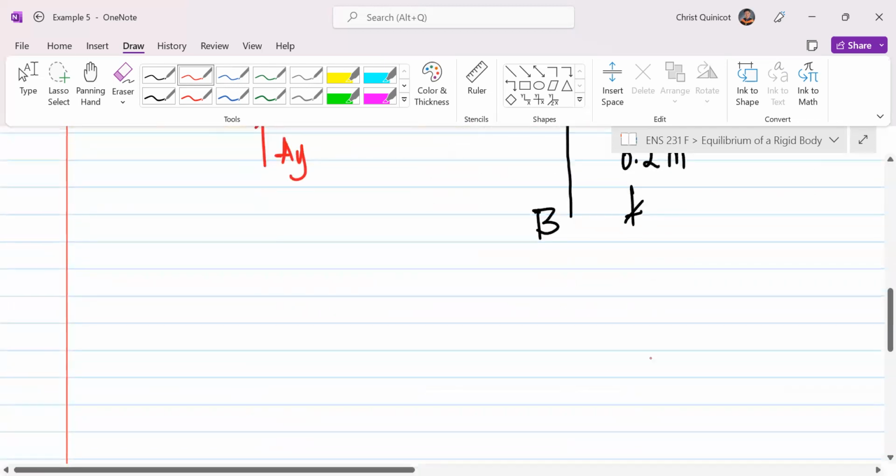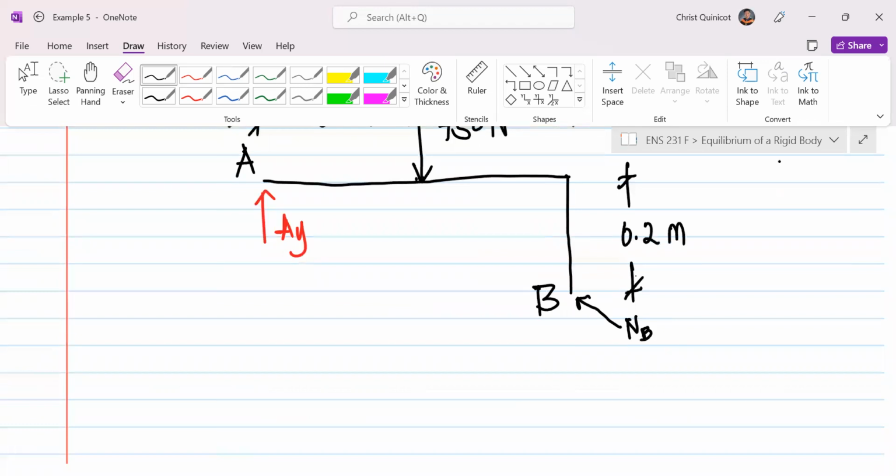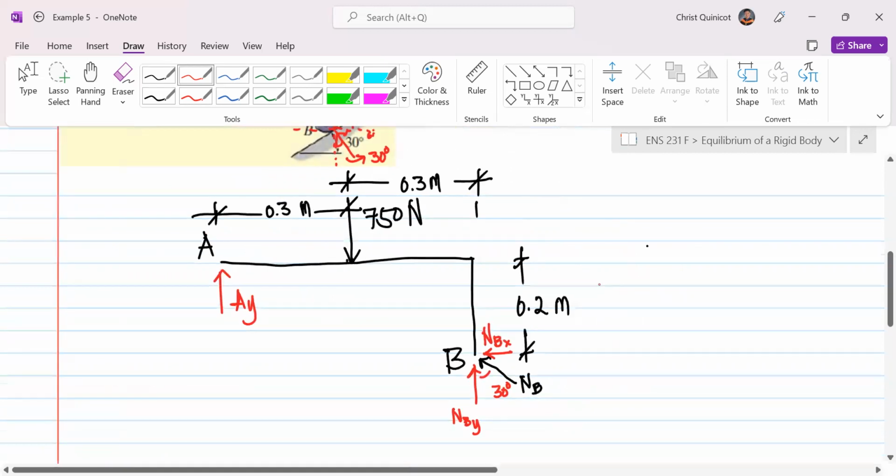So if we redraw that in our free body diagram, this is our normal force at B, N sub B. This is 30 degrees, so we have N sub B Y going up, and to the left is N sub B X. So from our free body diagram, only N sub B has a horizontal component, and it is going to the left.